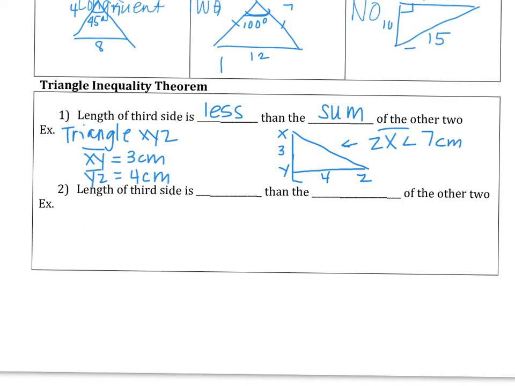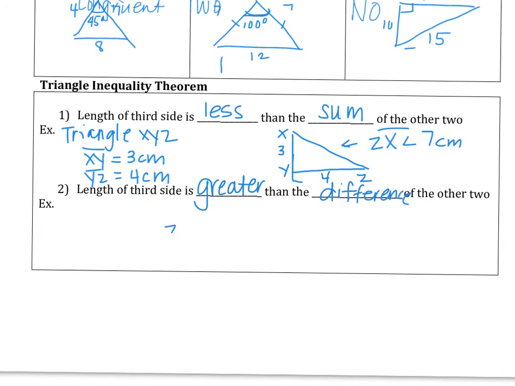Now let's look at the second part of the triangle inequality theorem. The length of the third side is greater than the difference of the other two.